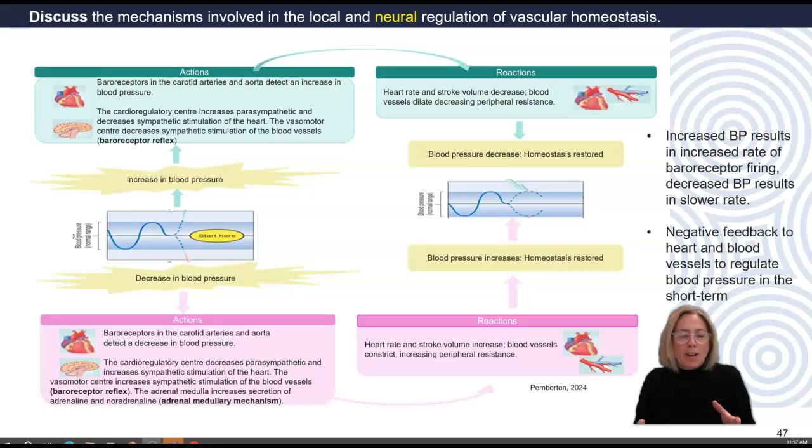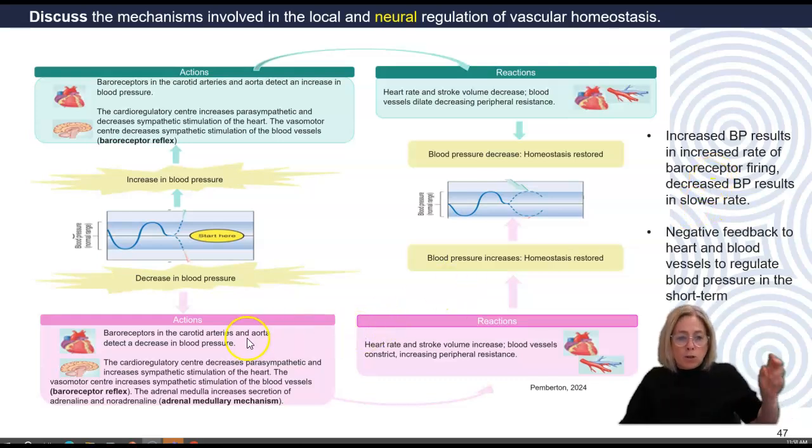And here we're talking about blood vessels, so the vasomotor center decreases sympathetic stimulation of the blood vessels, and that is the baroreceptor reflex. The reaction to this is that the heart rate and the stroke volume decrease, blood vessels dilate, decreasing peripheral resistance, and blood pressure then decreases, so homeostasis is restored. Now remember, everybody, that the increased blood pressure will result in increased rate of firing of those baroreceptors.